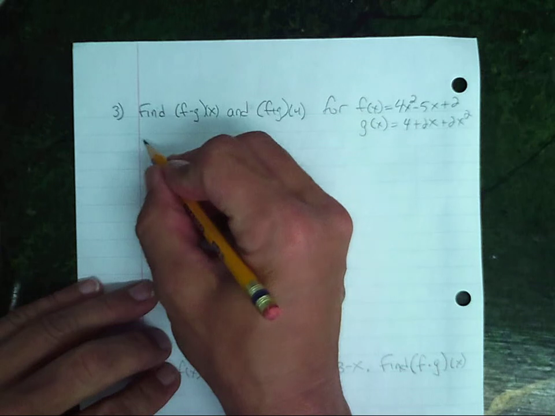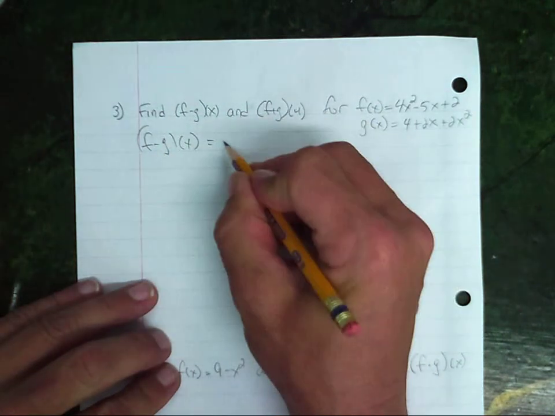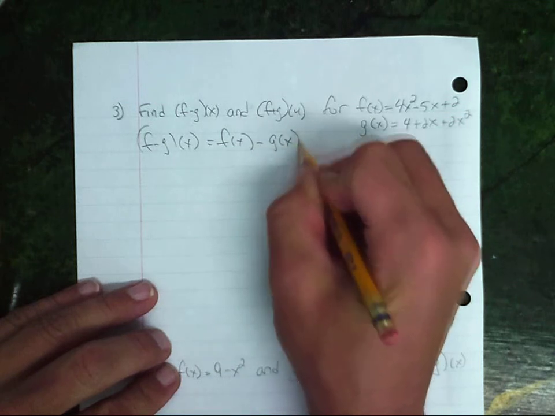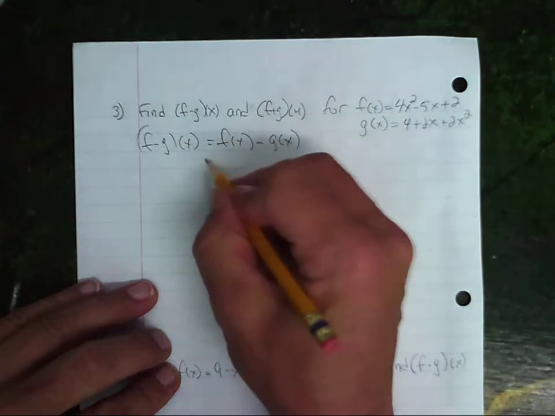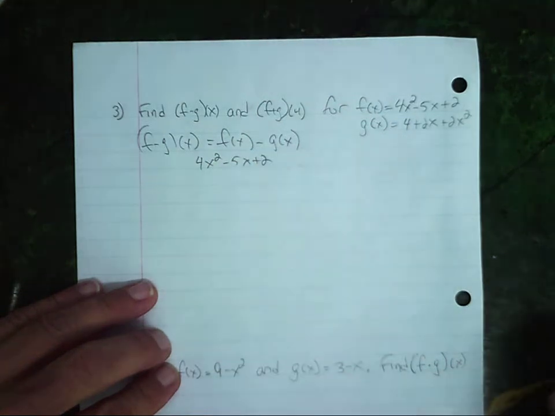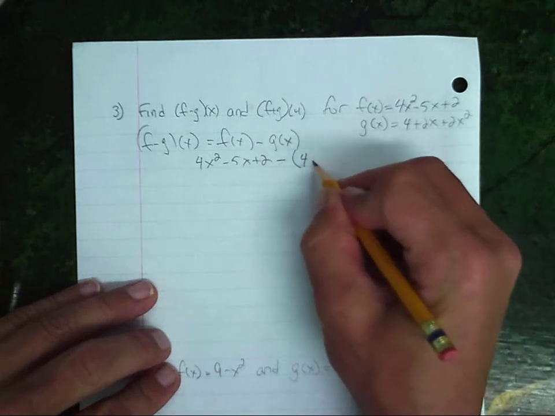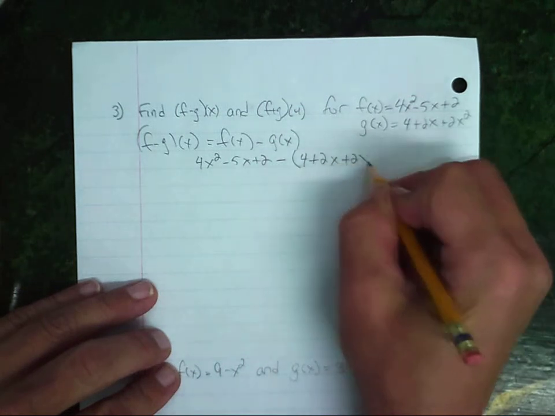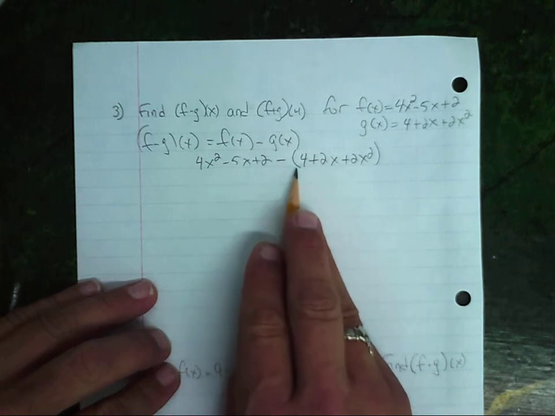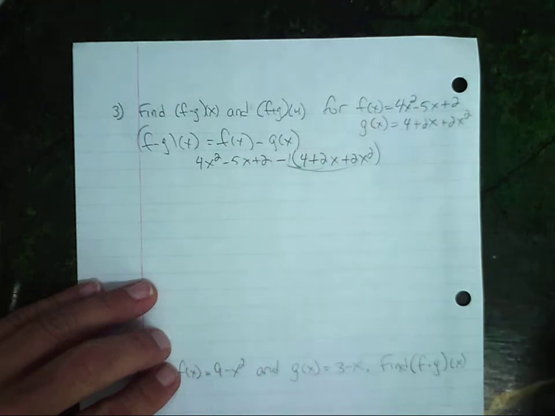Well, first, f minus g of x is f of x minus g of x. f of x is 4x squared minus 5x plus 2, minus the entire g of x, 4 plus 2x plus 2x squared. We are not subtracting just the 4, we are subtracting the entire g of x. Well, you have to make sure that we distribute that negative 1.